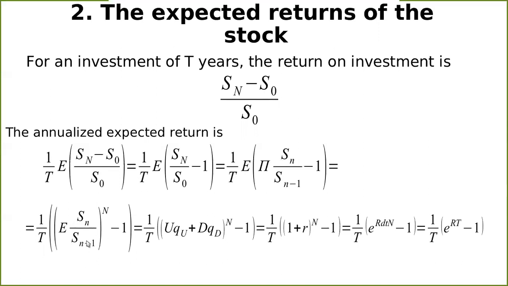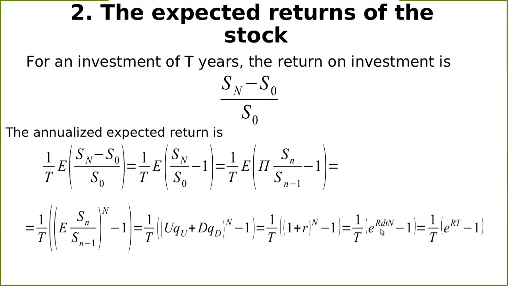And so it is similar to the previous slide. We know that Sn is a random value, and we can write this as Sn minus 1 multiplied by U or Sn minus 1 multiplied by D, and find the mathematical expectation over this. After that, you know that this expression, U Qu plus D Qd, is 1 plus R. You know this. And from the first slide, we can replace this with this expression.